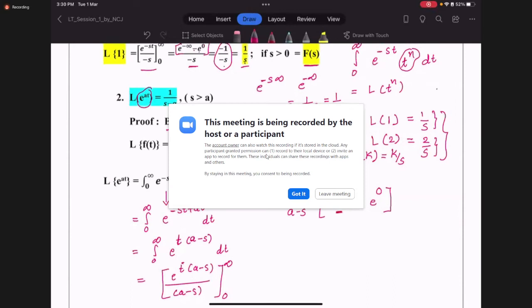Can anybody tell me the value of this? e raised to infinity is infinity, and infinity times this constant is infinity. Is that possible? No, it is not possible.